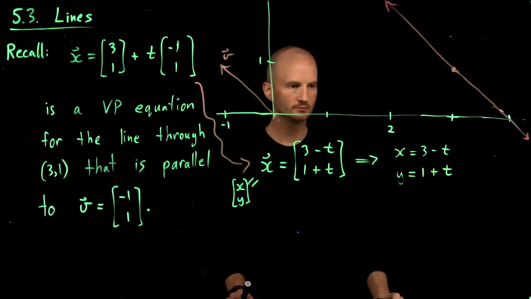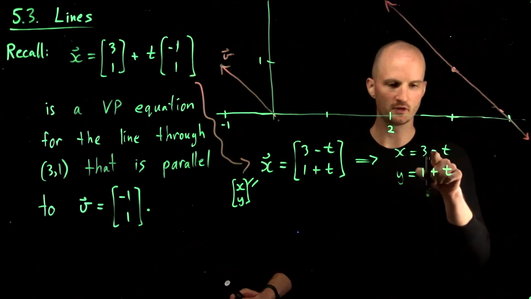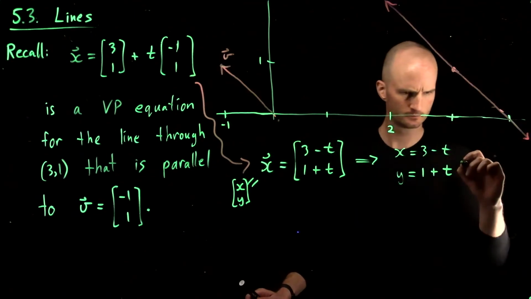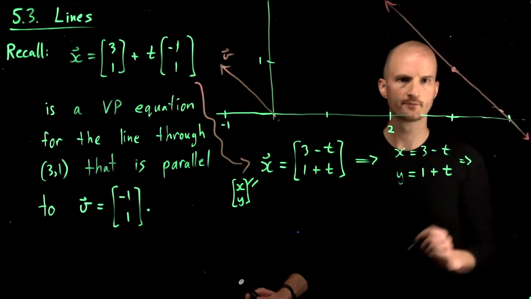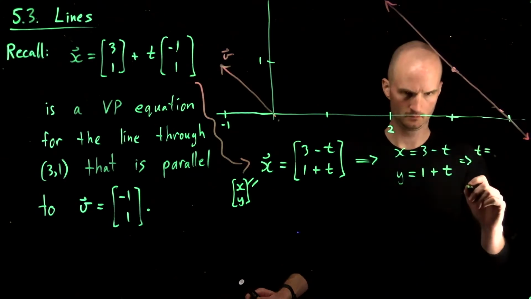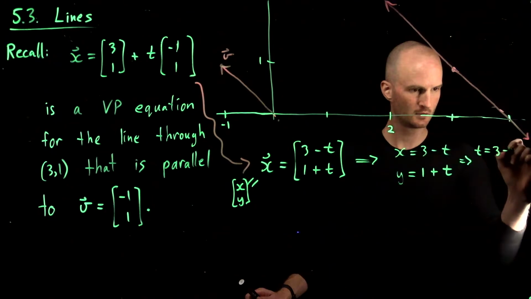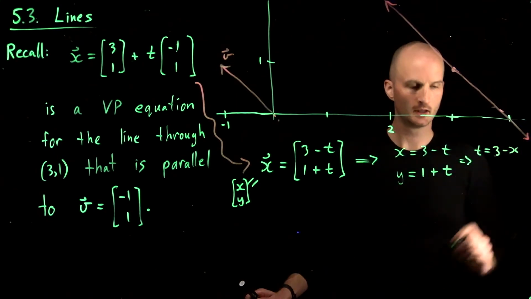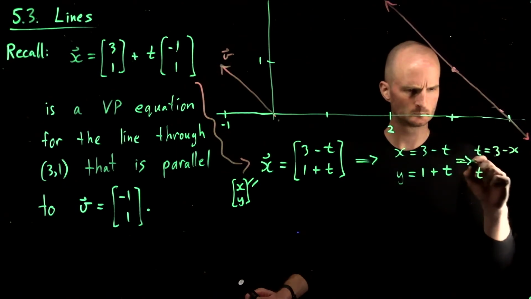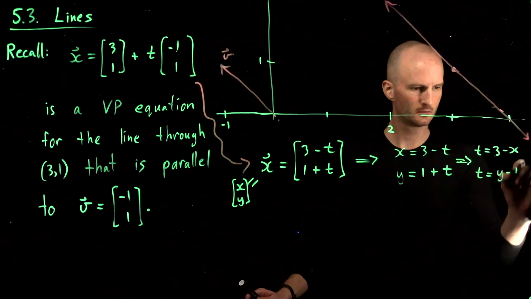And what I'll do now is solve both of these equations for t. So t is equal to 3 minus x, and t is also equal to y minus 1.